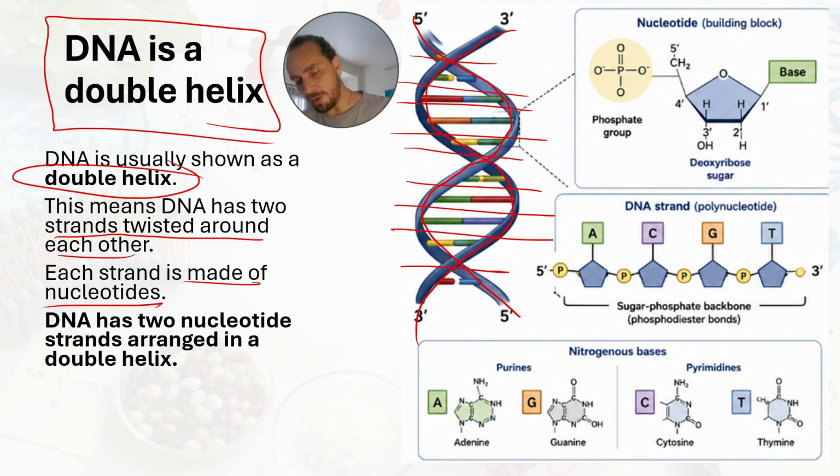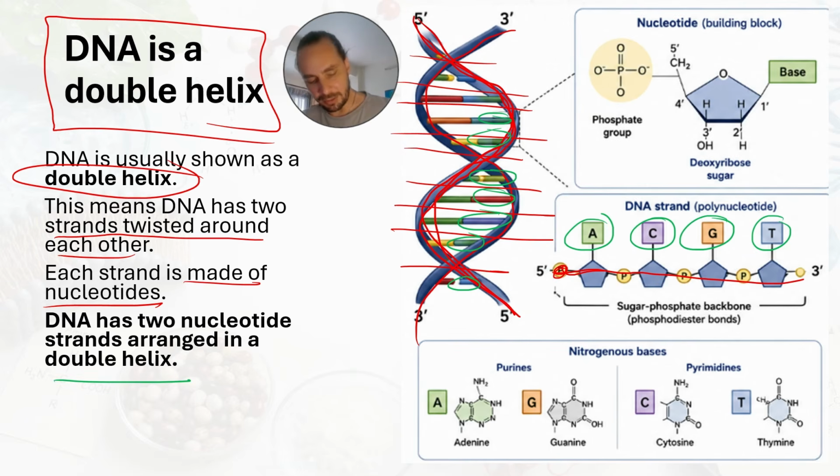Remember that it is the phosphate and sugar that form this backbone of DNA. And then what's different is these nitrogenous bases. So this is a different nitrogenous base. Now DNA has two nucleotide strands arranged in a double helix.